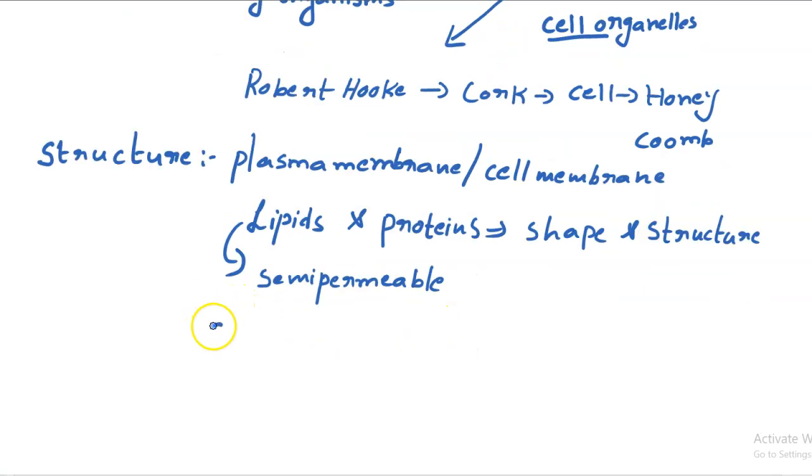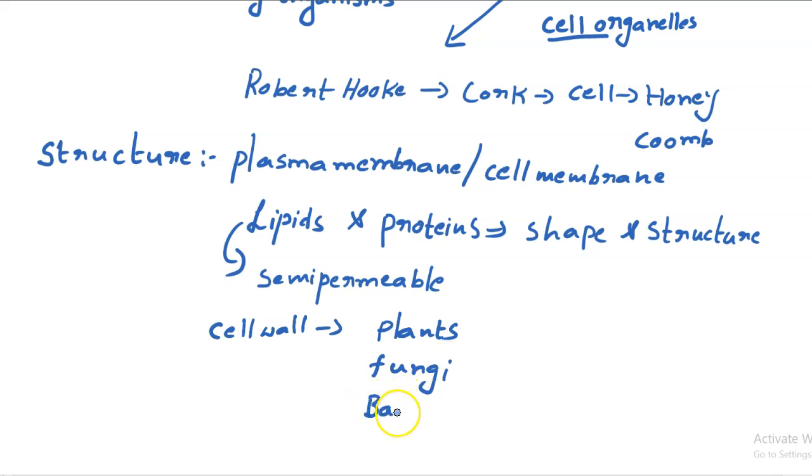Outside the plasma membrane, we find the presence of cell wall in plants, in fungi, and bacteria. In these three living organisms, cell wall is present. But in animal cells, cell wall is absent.